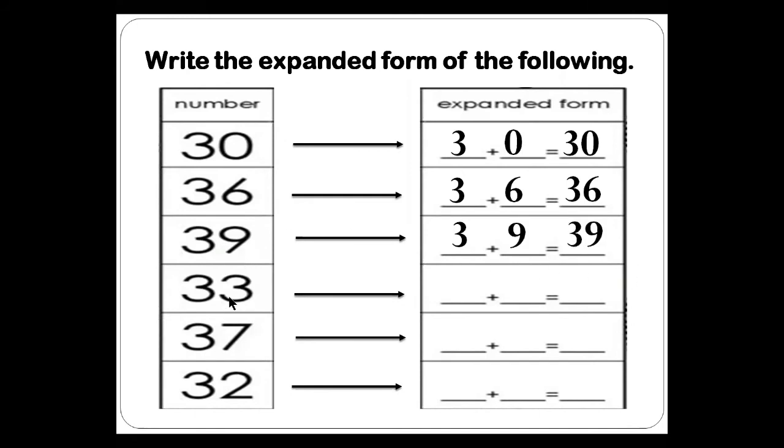Now the next is 33. 3, then 3 equals 33. 37. 3, then 7 equals 37. Last number is 32. The expanded form of 32 is 3 plus 2 equals 32. This is called the expanded form of the number. It may come in your test, so you have to follow it and remember all these things.